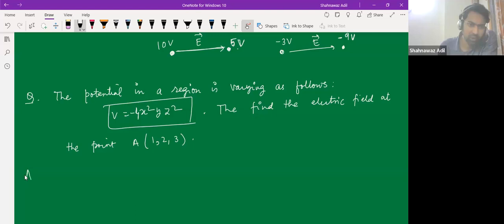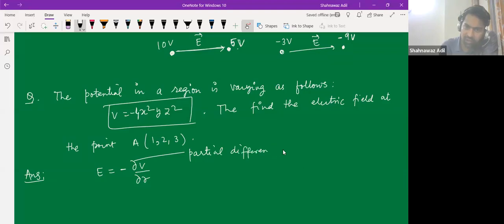So what do we know? We know that V is equal to minus 4x square y z square. How is the electric field related? E is minus dV by dr, and this is a partial differentiation, not the complete differentiation. You guys have done partial differentiation, right?